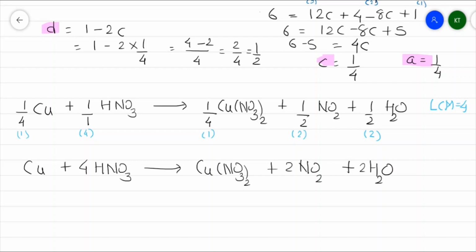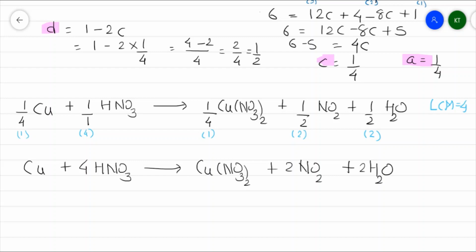Now let us look at the atoms present on the reactant side and the product side, so whether it is balanced or not. I have 1 copper on the reactant side, I have got 1 copper on the product side. 4 hydrogen on the reactant side, so 4 hydrogen on the product side. 4 nitrogen on the reactant side, 2 nitrogen here and 2 nitrogen here. So 4 nitrogen on the product side also, 2 nitrogen with copper nitrate and 2 nitrogen with NO2. Now oxygen, 4 3s are 12 oxygen.